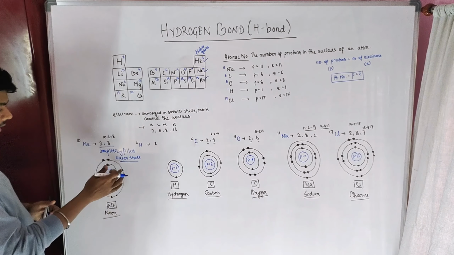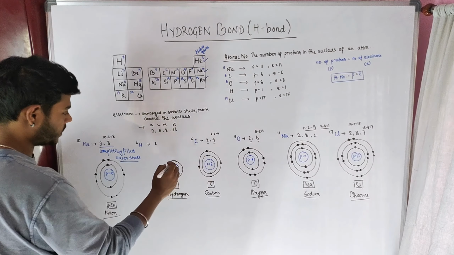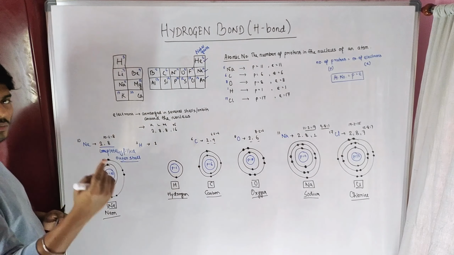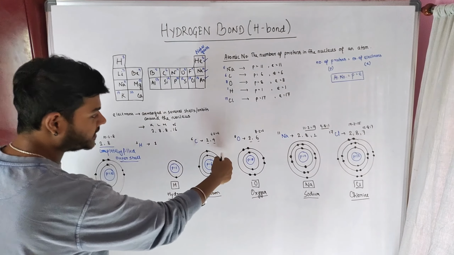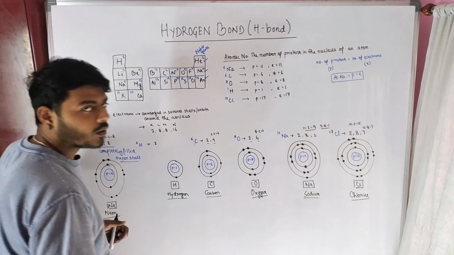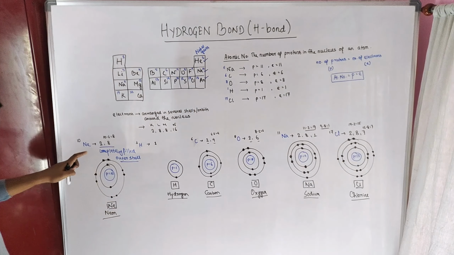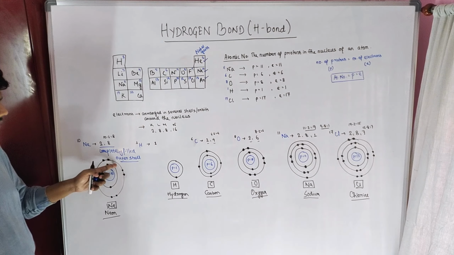What is an outer shell? The last orbit of each element is known as its outer shell. So hydrogen has only one shell, so that will be its outer shell. Carbon, the second shell is the outer shell. For sodium, chlorine, the third shell will be its outer shell. So noble gases always have a completely filled outer shell.